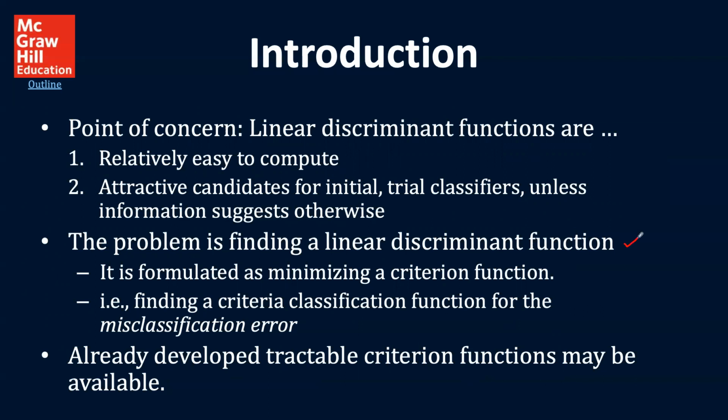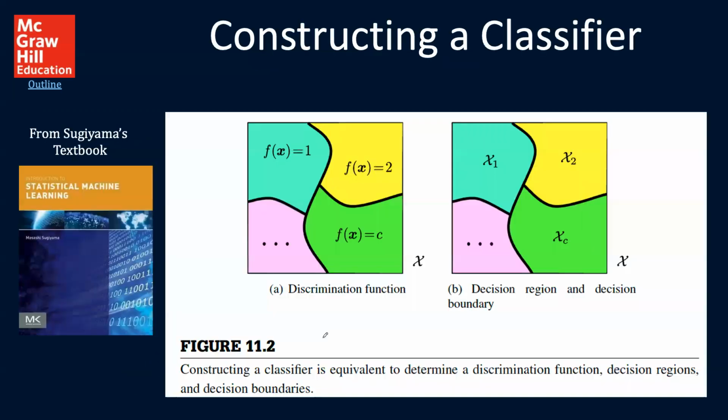It is formulated as minimizing a criterion function, that is finding a criterion function for the misclassification error, which we have spoken about previously. There are already developed tractable criterion functions that may be available. And so that's an encouraging point for us to consider.